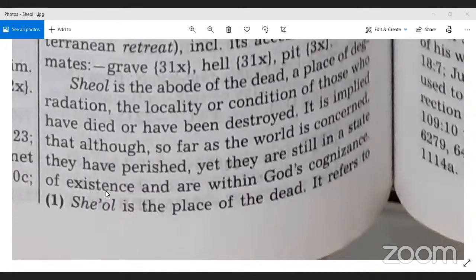Reality is consciousness, right? So in other words, if you replace existence with consciousness, they are still conscious, and are within the Most High's cognizance. They are still remembered according to their families. See that, y'all?